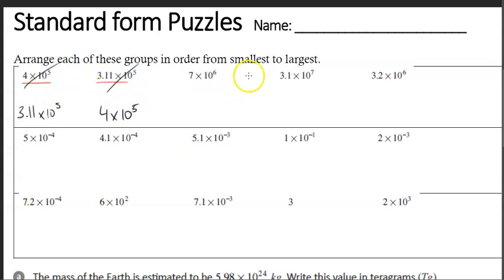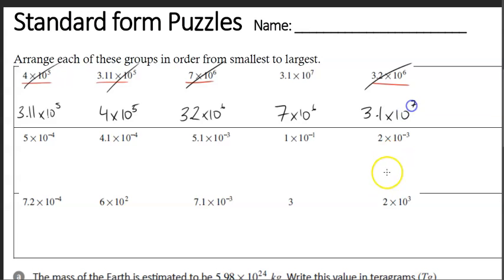Next, we've got powers of 6, of 7 times 10 to the power 6, and 3.2 times 10 to the power 6. Out of the two, 3.2 is smaller than 7. So 3.2 times 10 to the power 6 is next, and then 7 times 10 to the power 6 follows. Lastly, 3.1 times 10 to the power of 7 is your last digit.